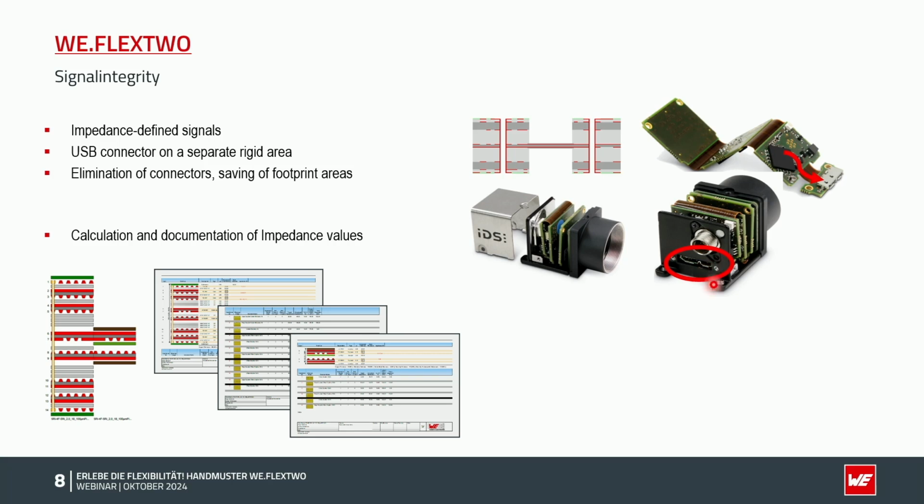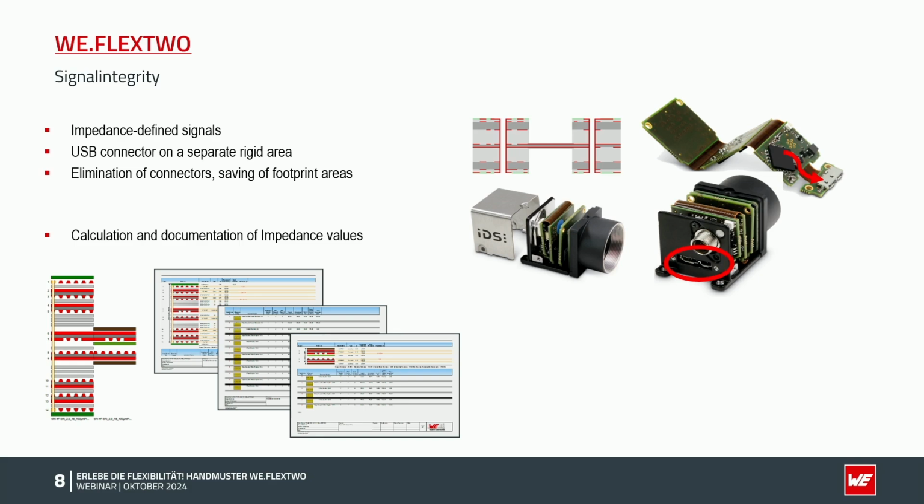There's a USB connector at the end here, connecting in the rigid area. And of course, there's no place for any connectors, less footprint area, and with a rigid flex board, we can have the solution for that.